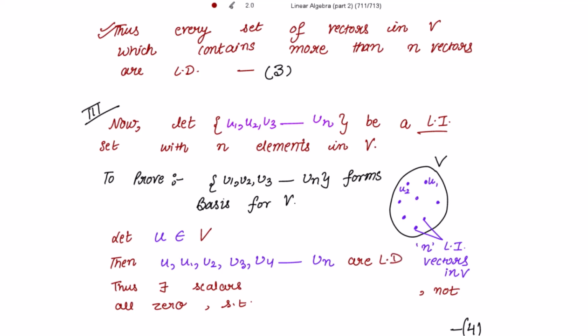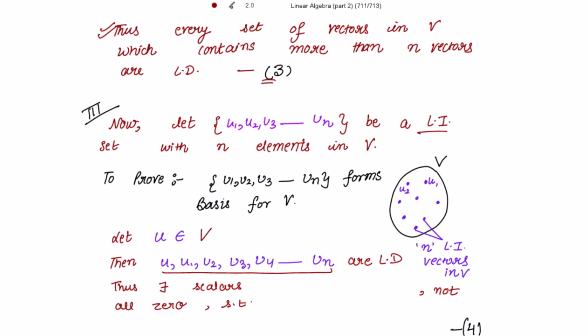Why? Because of this property, third: every set of vectors in V which contains more than n vectors are linearly dependent. Now these vectors are total more than n in number, right? So I must write because these are more than n vectors, so these are linearly dependent.